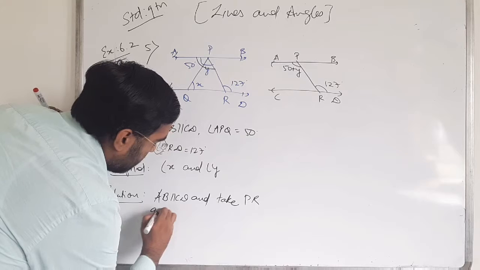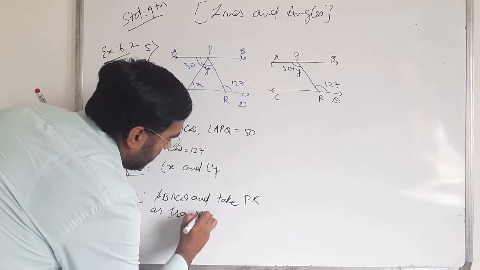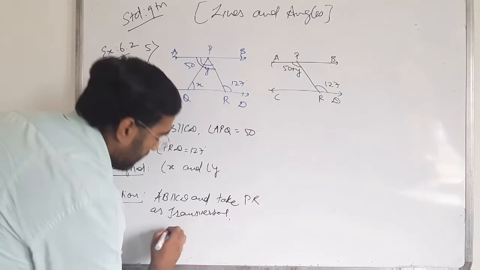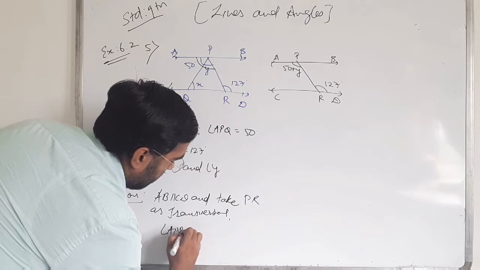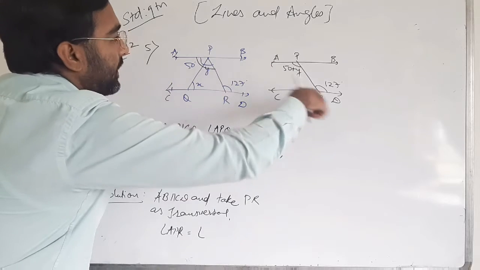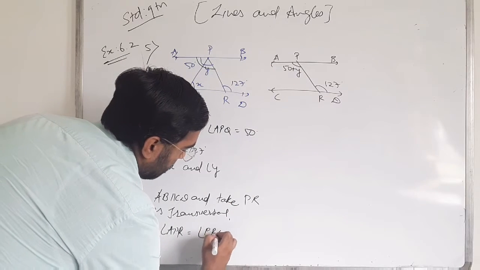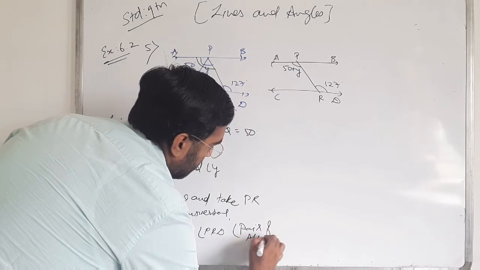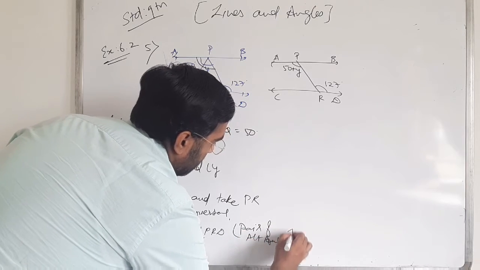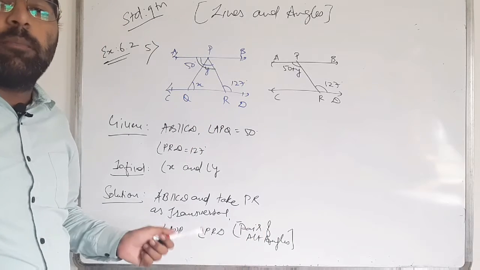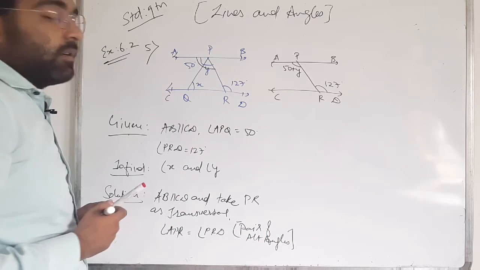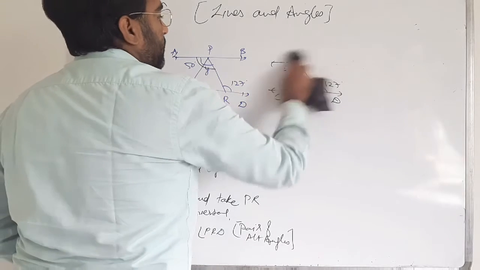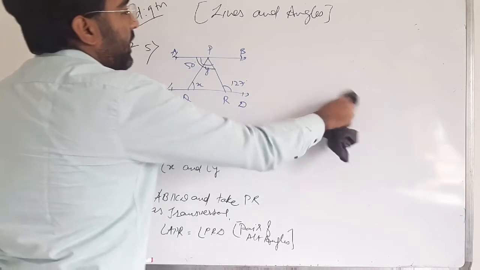My angle APR is equal to angle PRD, that is my pair of alternate angles. Clear? So we equate both values, that is 50 plus Y.